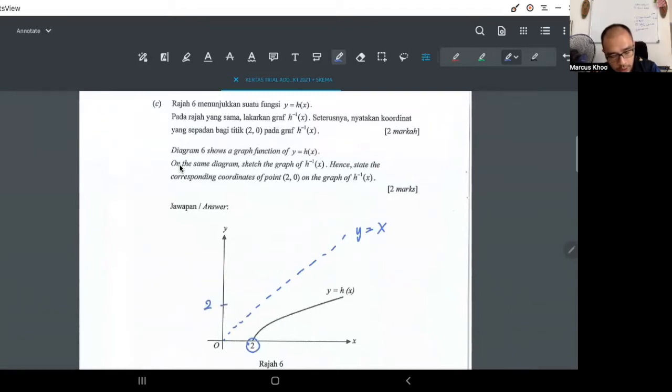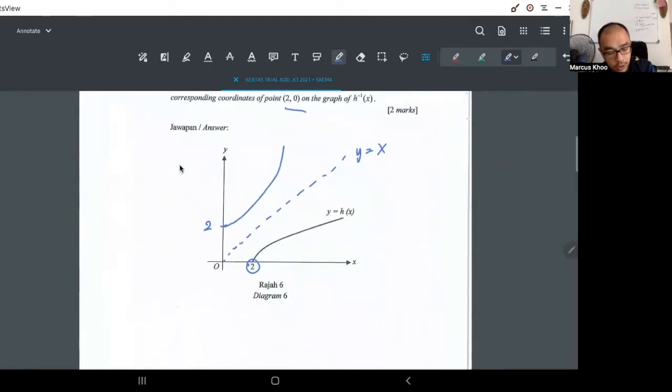And it will mirror this shape. Hence, state the corresponding coordinates of 2, 0 on the graph of this one. So the corresponding coordinates. Okay, if hx is 2, 0, h inverse x will be 0 and 2.